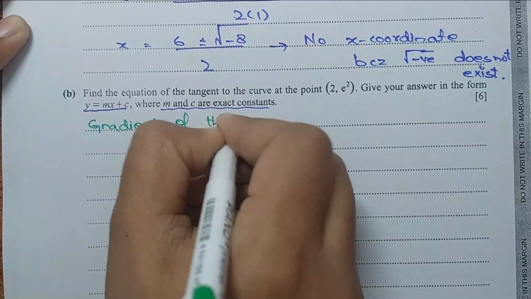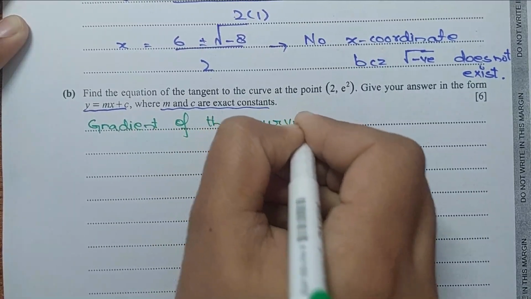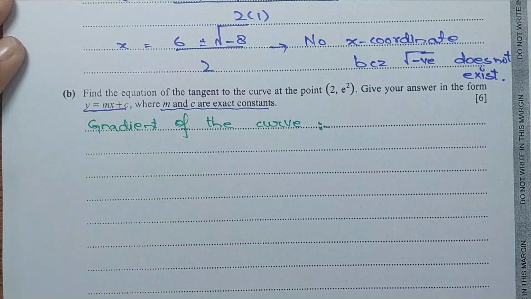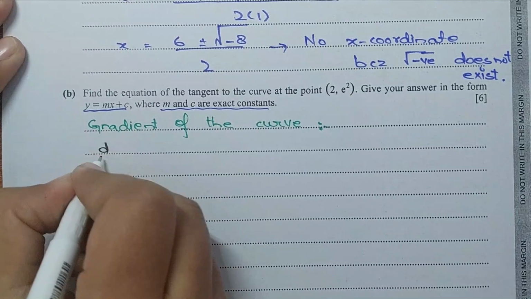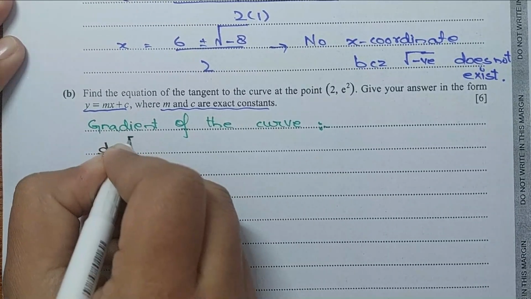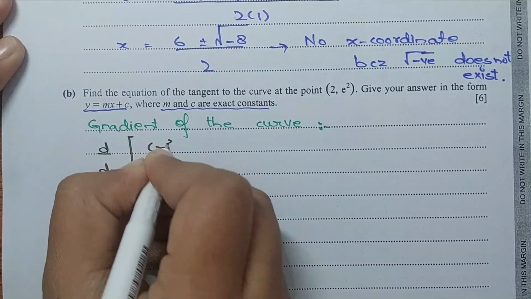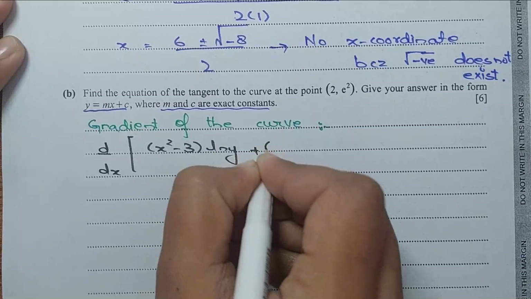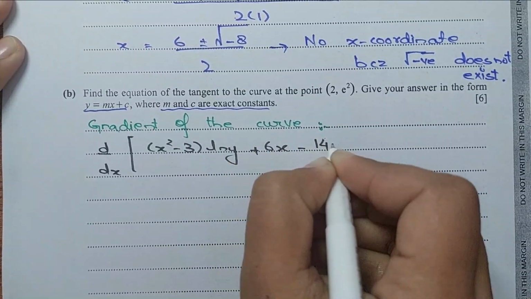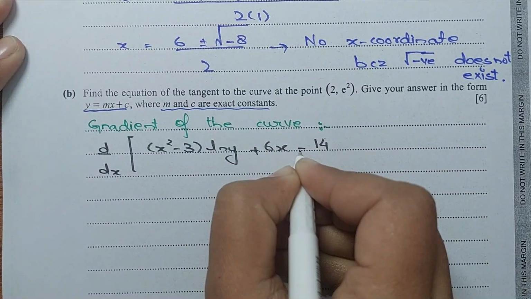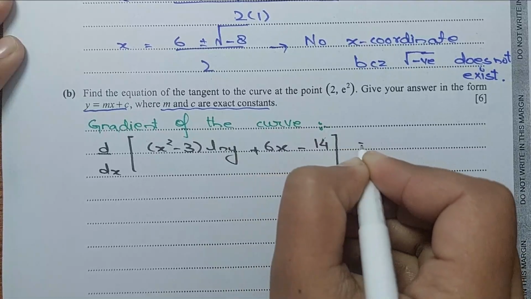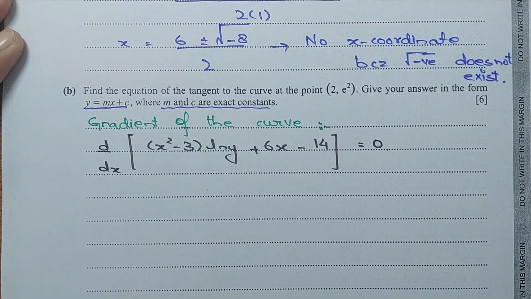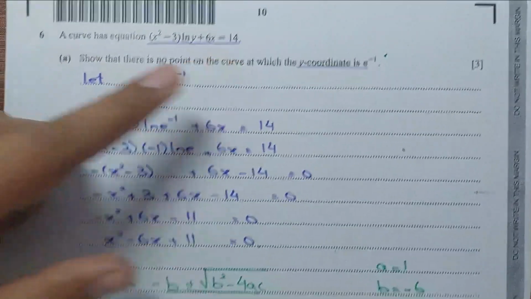Okay, so the gradient of the curve, we have to differentiate the curve. d by dx of the whole curve, which is x square minus 3 natural log of y plus 6x minus 14 equals 0. I shifted the 14 to the other side, right?